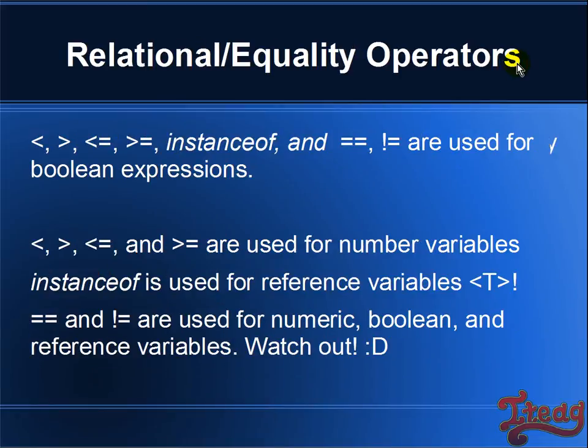All right. Next up, we have relational and equality operators. So less than, greater than, less than or equal to, greater than or equal to, instanceof. Those are the relational ones. Now the equality operators are is equal and is not equal. Well, all of these are used for Boolean expressions.